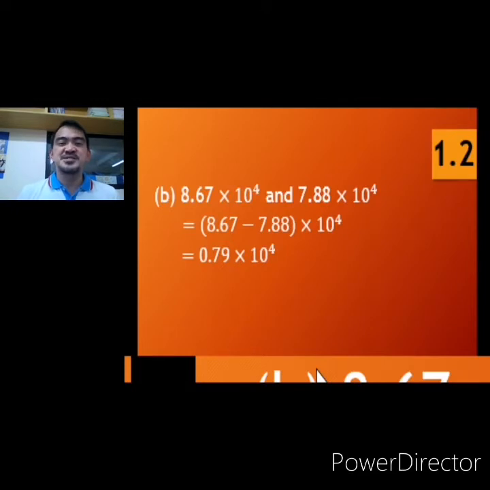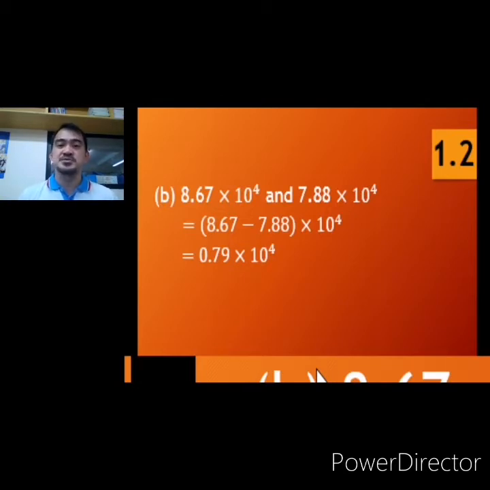But 0.79 times 10 raised to 4 is not yet our final answer. We have to simplify, because it doesn't follow the general rule in writing exponential notation.